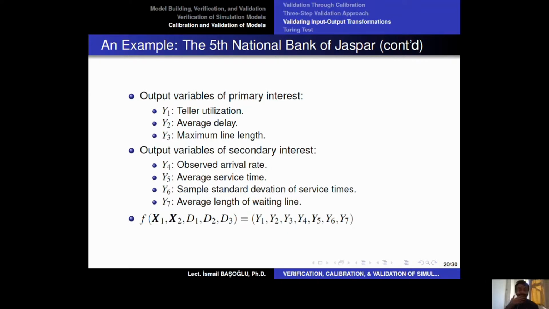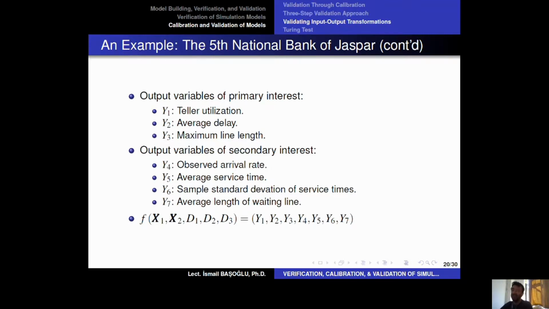And maximum line length is the maximum number of automobiles that we observe in the queue, because we need to define a parking space, right? I mean, if the queue is too long, then the queue is going to extend outside the bank area, right? So because of that reason, we are interested in the maximum length of our queue during the simulation.